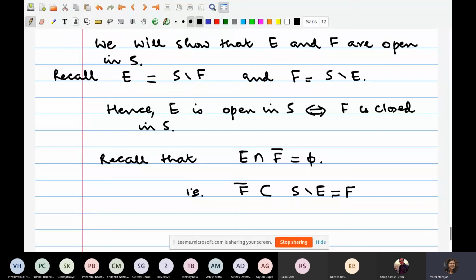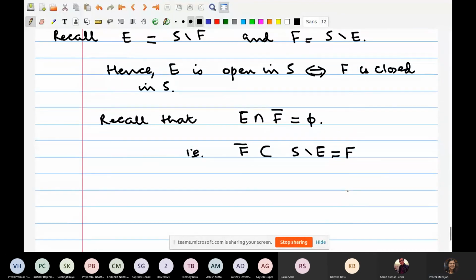It says that the closure of F is contained in F, and F is always contained in the closure of F. What does it mean? This says that F contains all of its limit points.